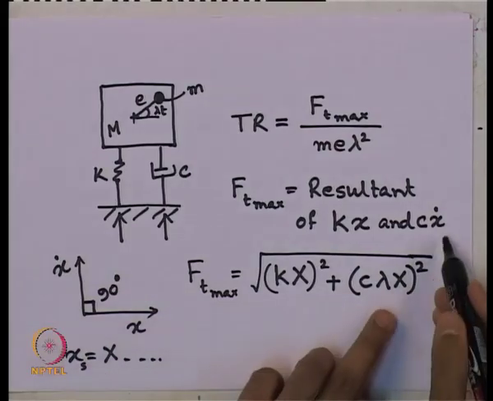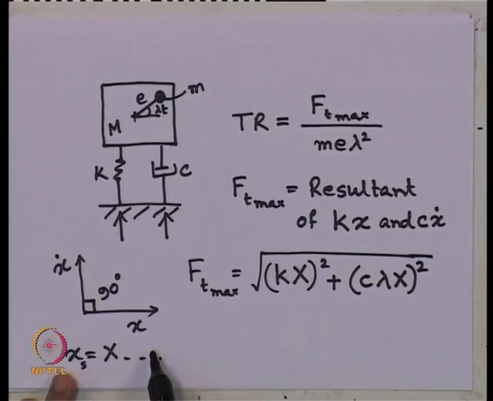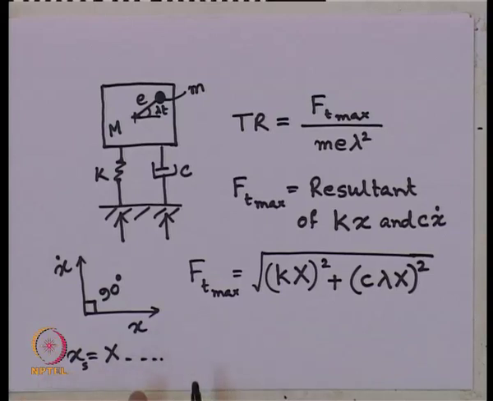Because if we differentiate this expression of the steady state displacement, what do we get? The velocity will come, and the lambda factor involved in the harmonic function will come out. So, lambda times x will be the amplitude of the velocity.